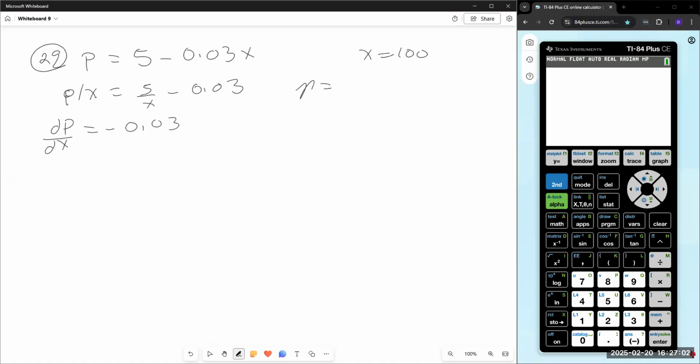Eta is equal to 5 over x minus 0.03 over -0.03. And let's see what 5 divided by -0.03 is.